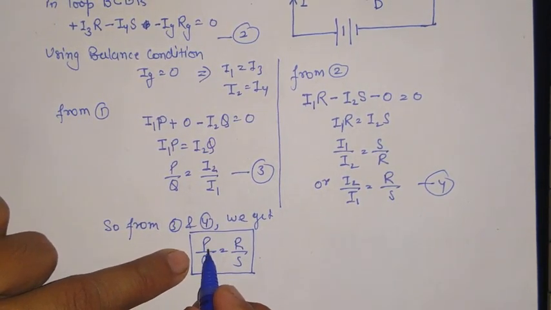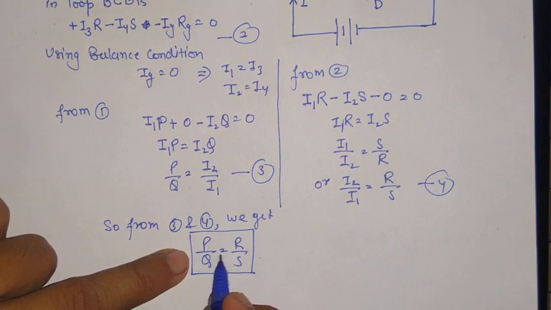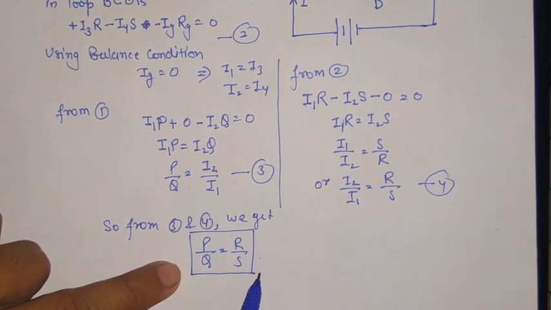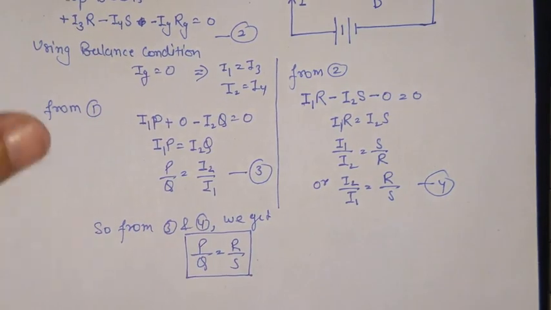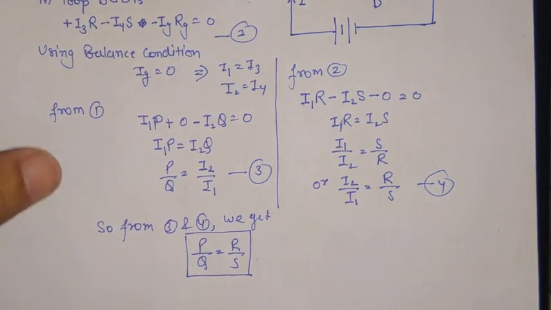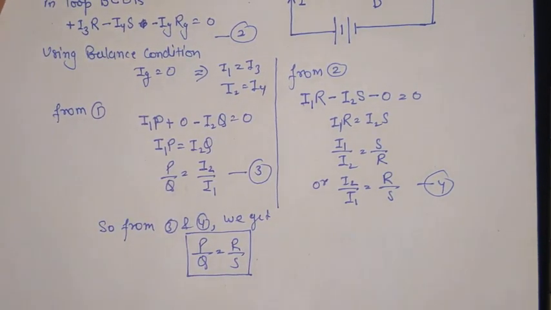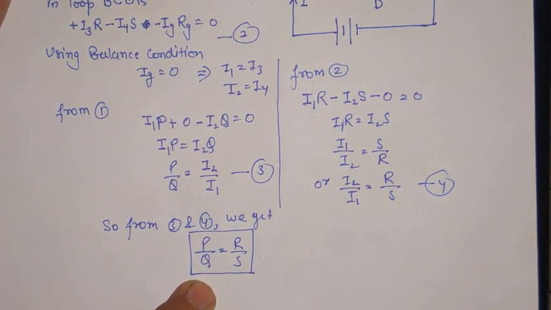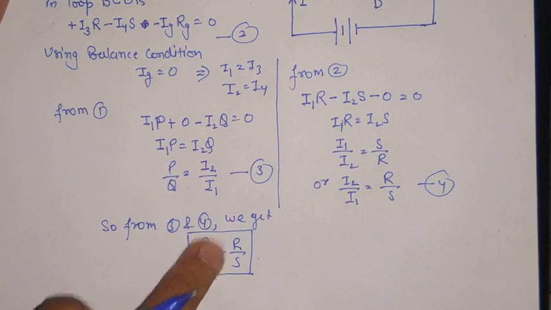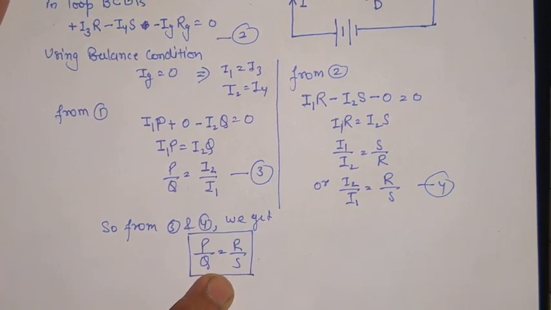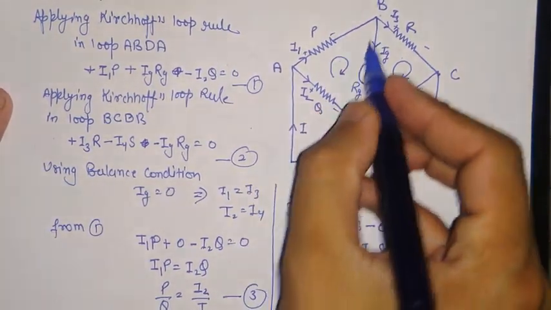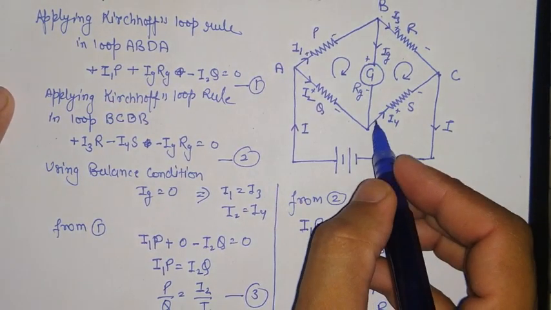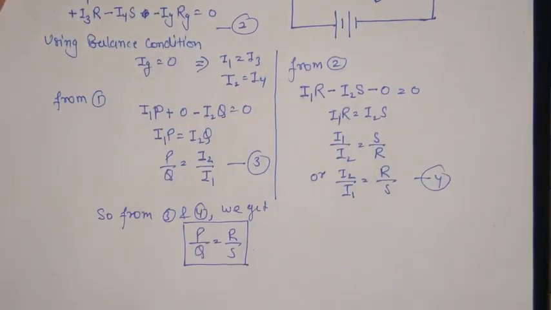When the ratio of P by Q is equal to R by S, then the bridge is said to be balanced. There is no need to know about the current, that is current is 0. In this case, current is always 0. When P by Q is equal to R by S, then the current through B to D is always 0.